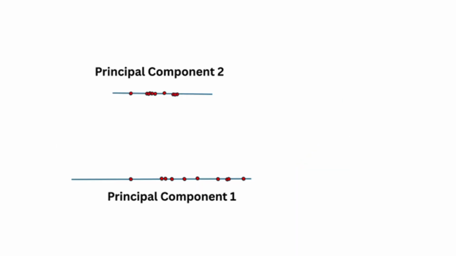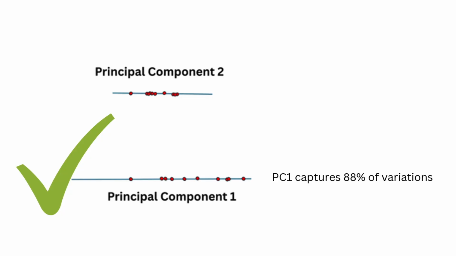So if we go from 2D to 1D, this boils down to which axis we should choose. Shown here, based on these projections, clearly PC1 captures a bigger chunk of the variation. So intuitively, we like to keep PC1 as it captures much of the explained variation and then drop PC2.